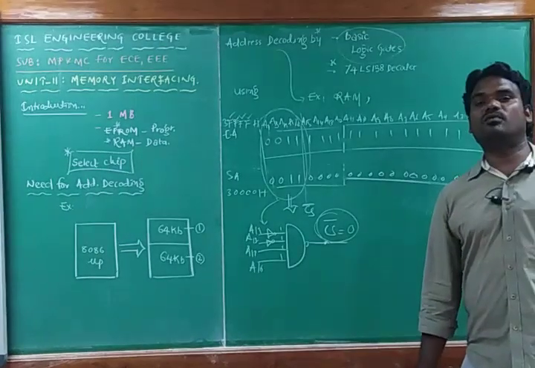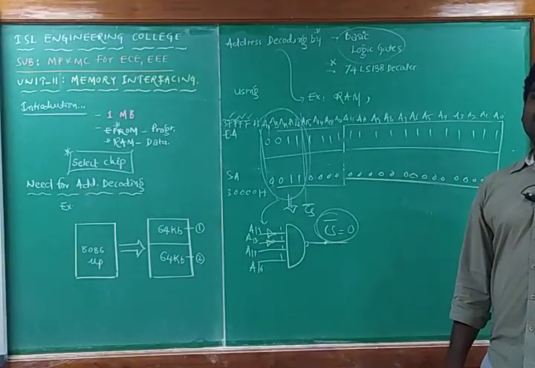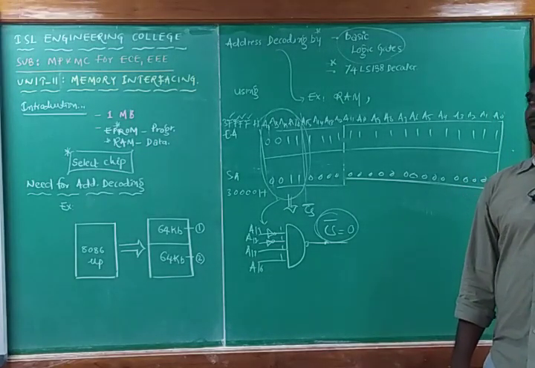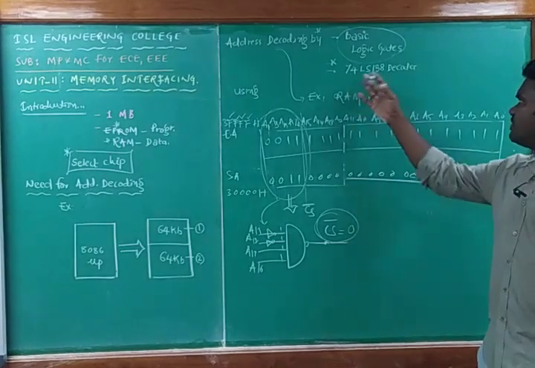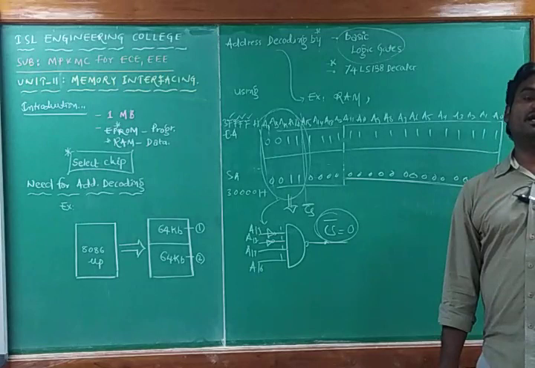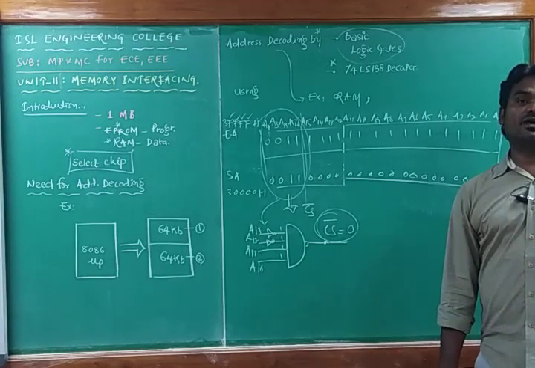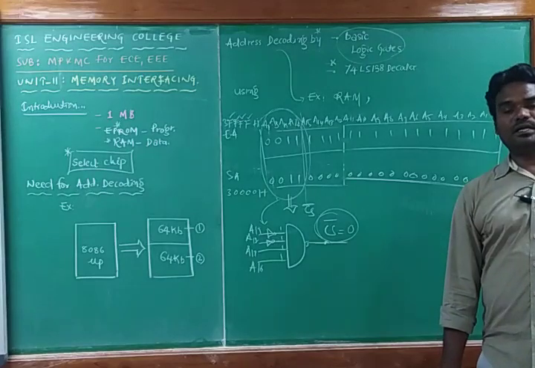In tomorrow's class I am going to explain how address decoding can be achieved using the 74LS138 decoder. With that, the memory interfacing of the 8086 microprocessor is going to be completed.